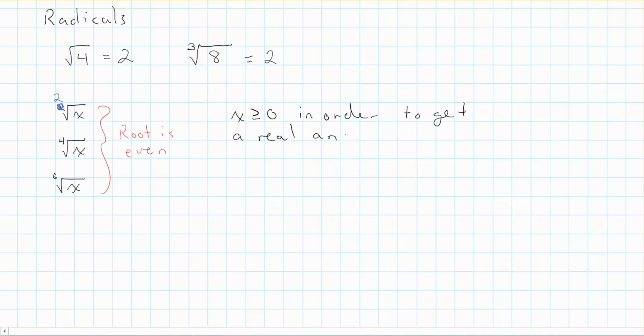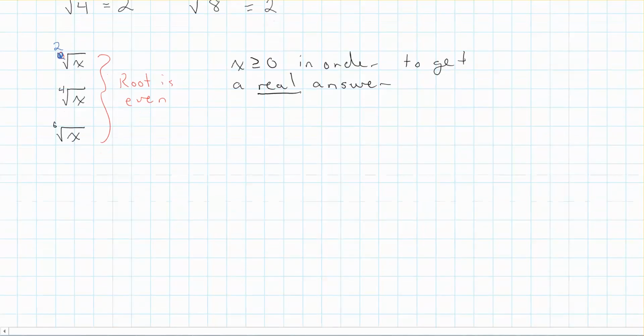I'm emphasizing that it's a real answer because later in the semester we will be talking about complex numbers and the term imaginary. It's a very important, very useful tool in later math classes, and when that comes about, we'll be able to do square roots of negative numbers.